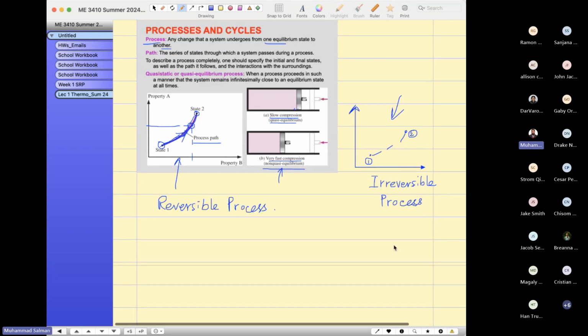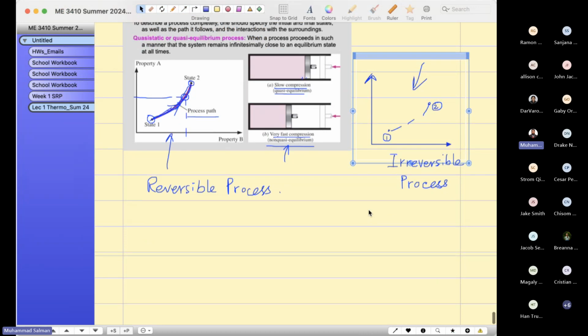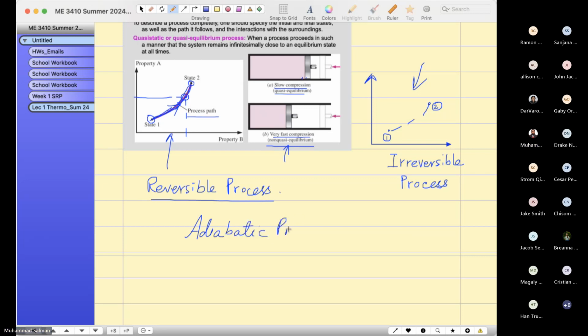So you will study something more about reversible and irreversible, I'm just alluding to it now. And there is another process known as the adiabatic process. No heat transfer.